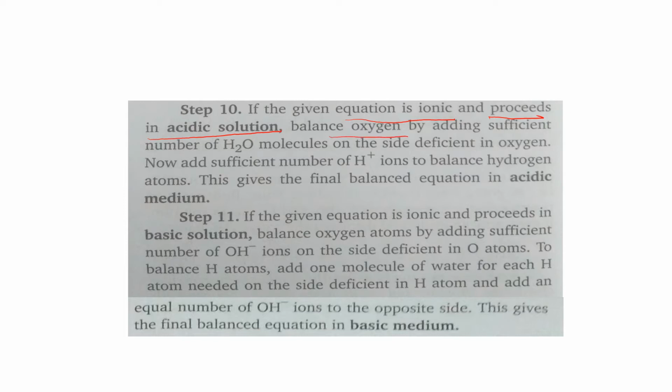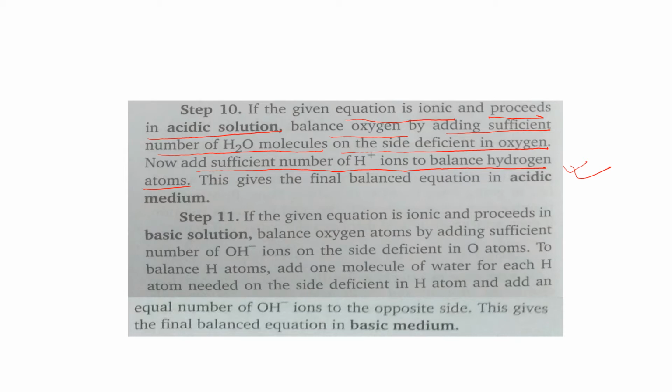Balance oxygen by adding a sufficient number of H2O molecules on the side deficient in oxygen. The side in which the oxygen is less, on that side you have to add H2O molecules. Now add a sufficient number of H+ ions to balance hydrogen atoms. This gives the final balanced equation in acidic medium.